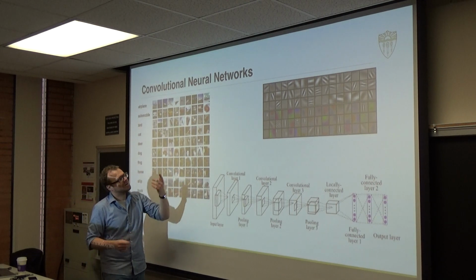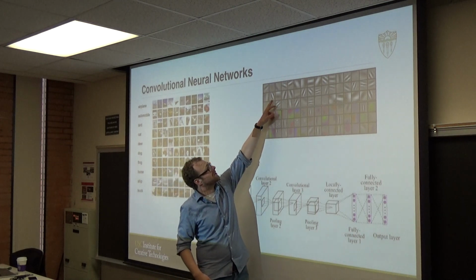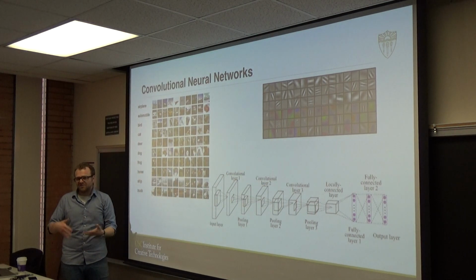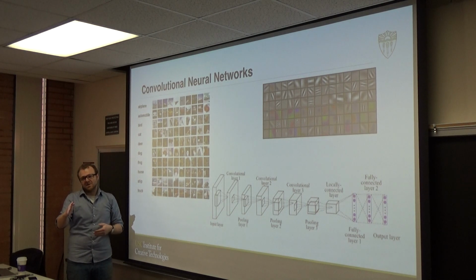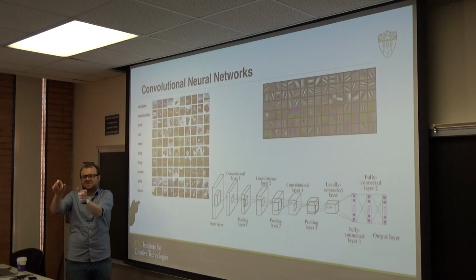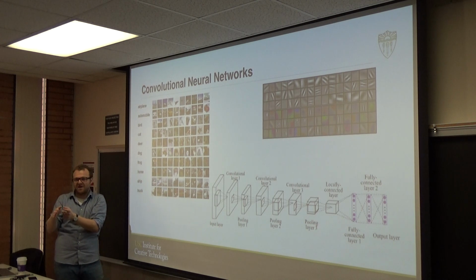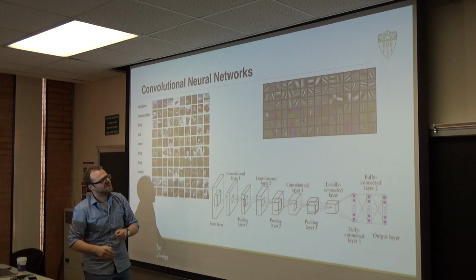So what would, for example, this filter here learn? Well, it emphasizes something that goes like this, and it de-emphasizes something that is in parallel next to that. So it identifies edges, right? Edges that have a certain orientation, okay?